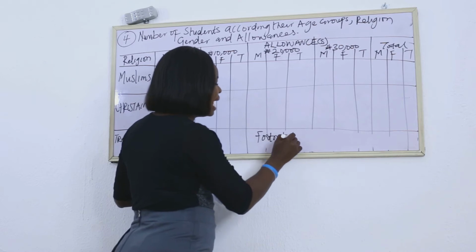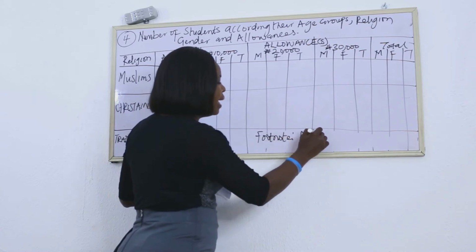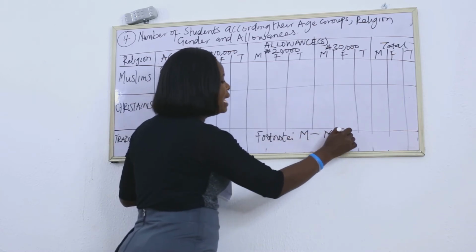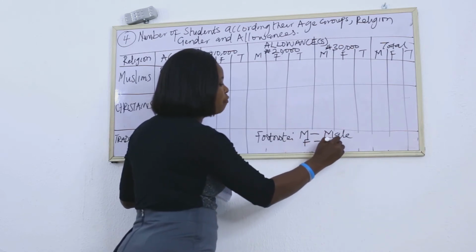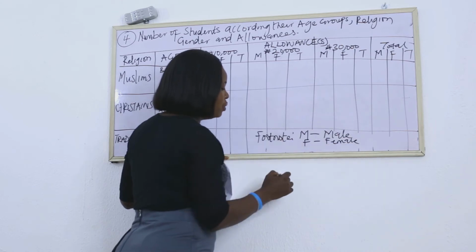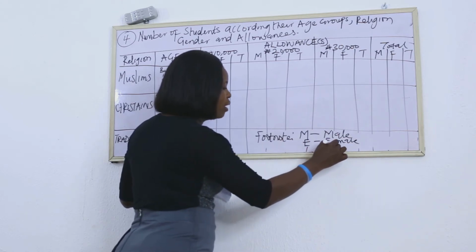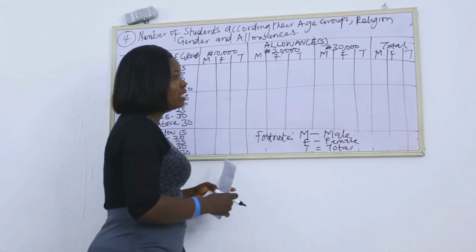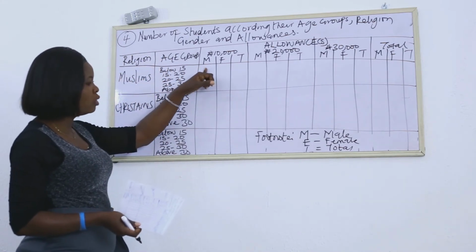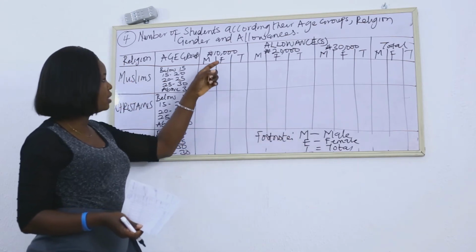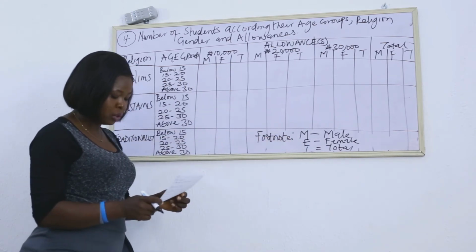It means that anywhere anybody sees M, it is represented by male, and F means female. Then T means total. So anybody that is not even familiar with this, picks up this table, will understand that M means male, F means female, and T means total.